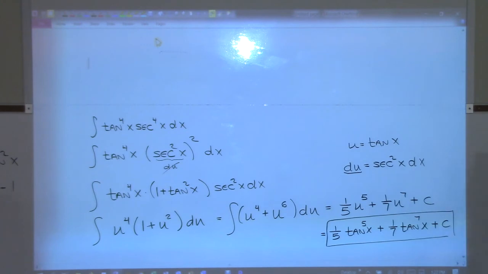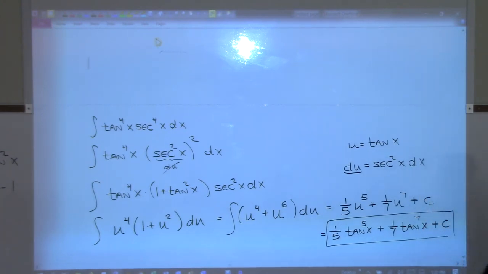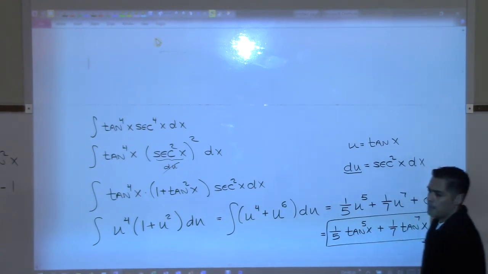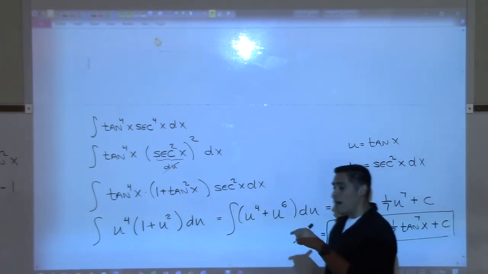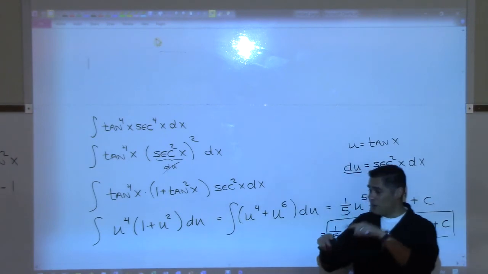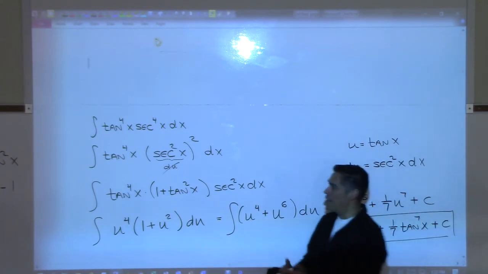Any other questions? Yes? So I guess that's the one reason why it would make it different than when we were doing cosine and sine. Because last class we were writing it as cosine squared x to the second power. Well, the part that we were writing as cosine squared was not the part we were peeling off. It was always the part that was not peeled off.